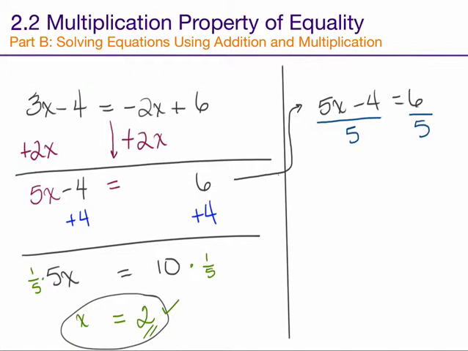I'm going to do this in red because this is actually technically incorrect. Here's where the mistake often comes in. 5 divided by 5 is 1, but this canceling is incomplete. Here's why.